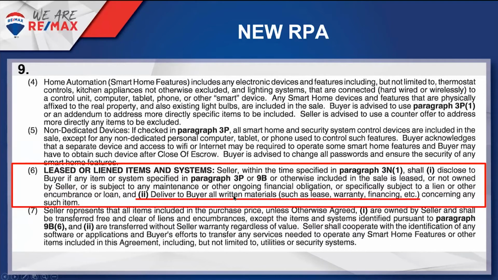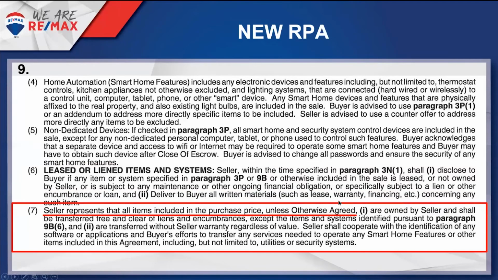Delivery to the buyer of all written materials, such as lease and warranty and financing, must be provided with the items that the seller doesn't own, so the buyer can determine whether or not he wants to lease it. Seller represents that all items included in the purchase price, unless otherwise agreed, are owned by the seller. There you go. So the drapes are owned by the seller is what is being in general stated.